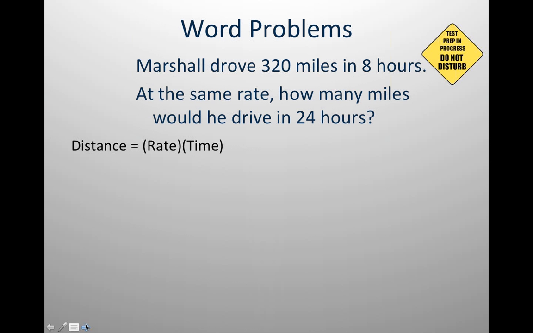Rates are really big: interest rates, tax rate, they're all constant, they stay the same. So we're trying to figure out what this person's constant speed rate is. It's going to be 40 miles per hour, because 320 divided by 8 means that she covered 40 miles each hour. So it's going to be 40 miles per hour.